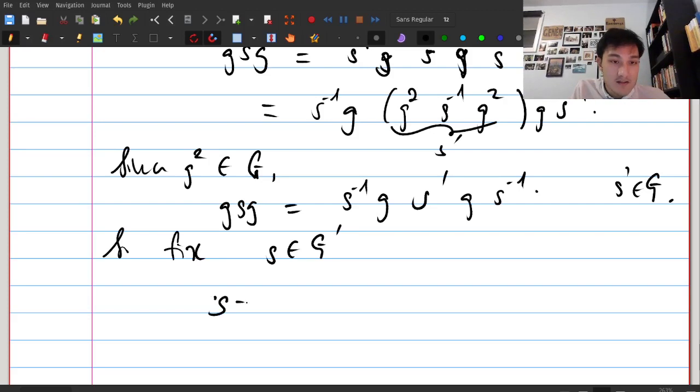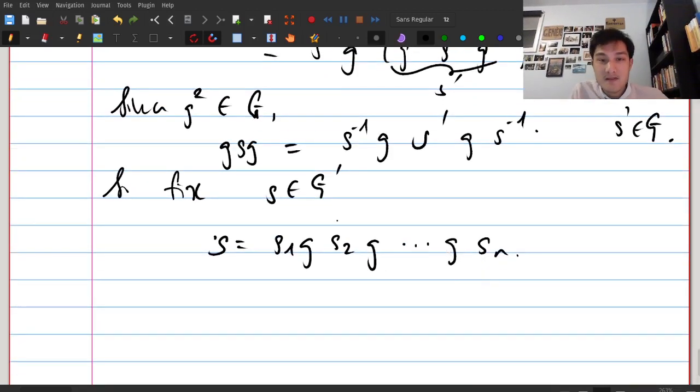So we write S equals S1 G, S2 G, all the way to G, Sn. And this time, remember, it could be G or G inverse the other time. It could be G or G inverse last time, but now we can change all the G inverses to G, because G inverse is equal to G squared.